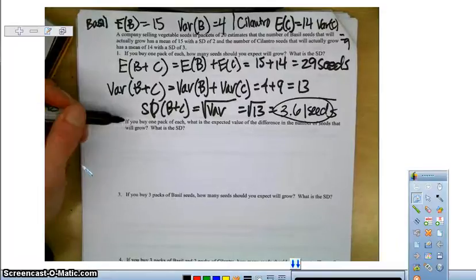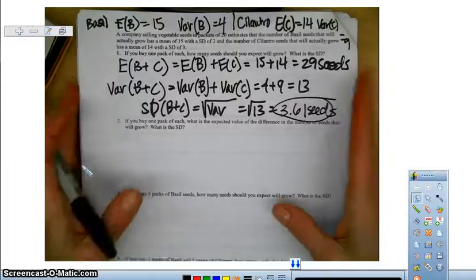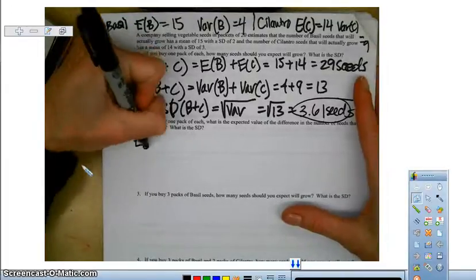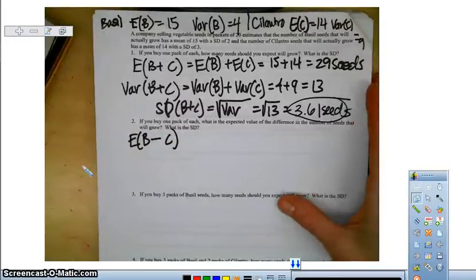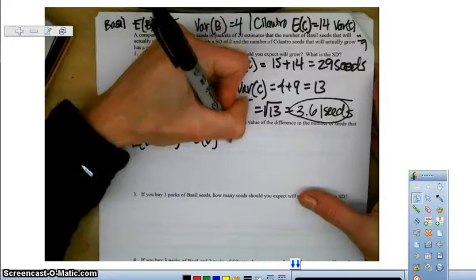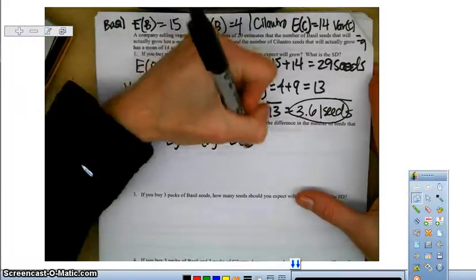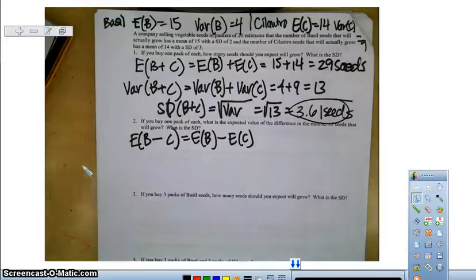Now if you buy 1 pack of each, what is the expected value of the difference in the number of seeds that will grow? What is the standard deviation? We're going to practice the difference thing. We need the expected value of basil minus cilantro. For expected value, you add if you add the variables, and you subtract if you subtract the variables.